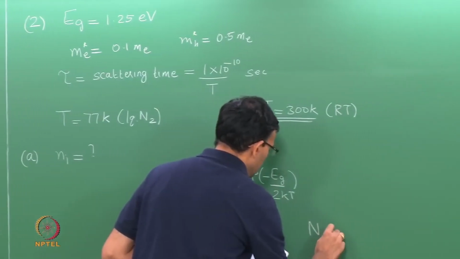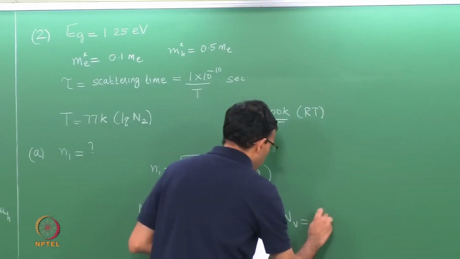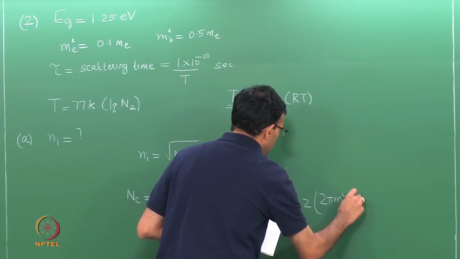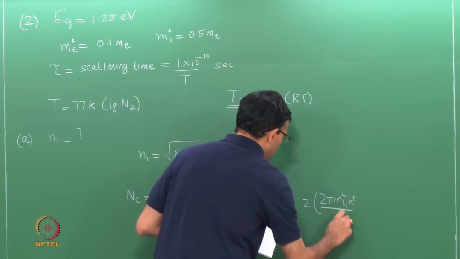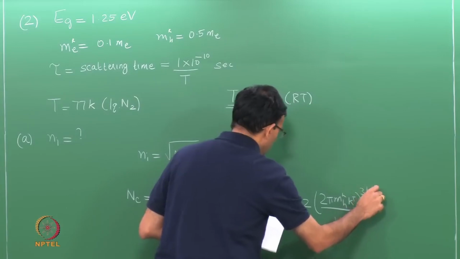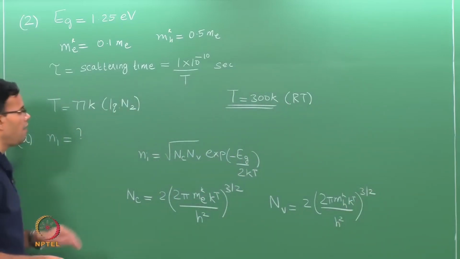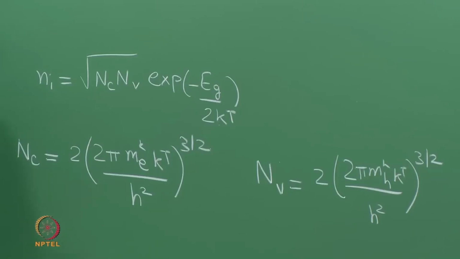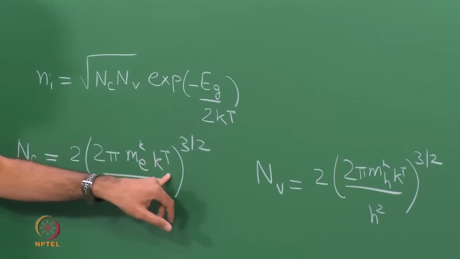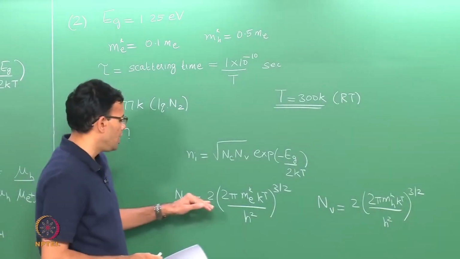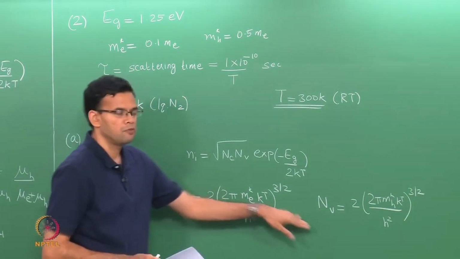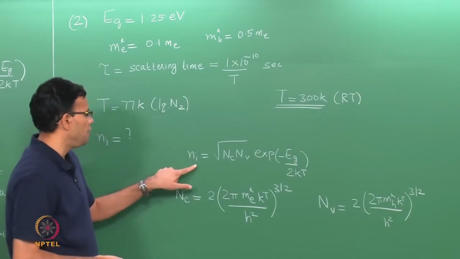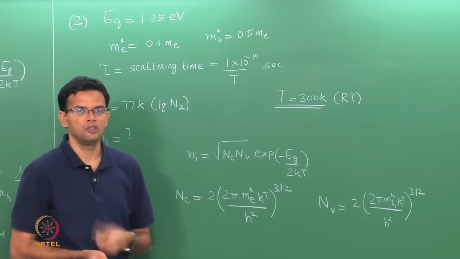Nv, we can do the same for the valence band edge, (2 pi mh star kT over h square) whole power 3 over 2. So, we have the values for Nc and Nv. Again we see both are temperature dependent, they are proportional to T to the power 3 half. So, once we calculate Nc and Nv for both the temperatures, we can plug in here and calculate the value for Ni.